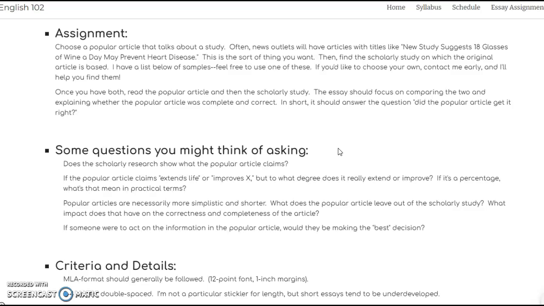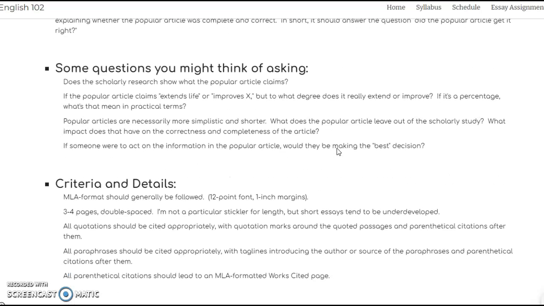Okay, so some questions you might think about asking along the way here. Does the scholarly study show what the popular article claims? If your popular article claims it extends life or improves X, ask the question, to what degree does that really extend or improve? If it's a percentage, what does that mean in practical terms? One of the things we will occasionally see with medications is that this medication is going to extend the life of a cancer patient by 50%.